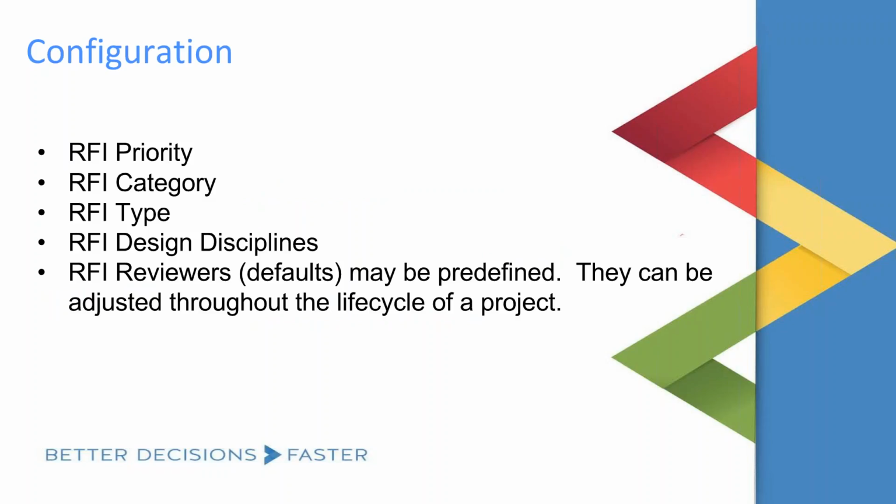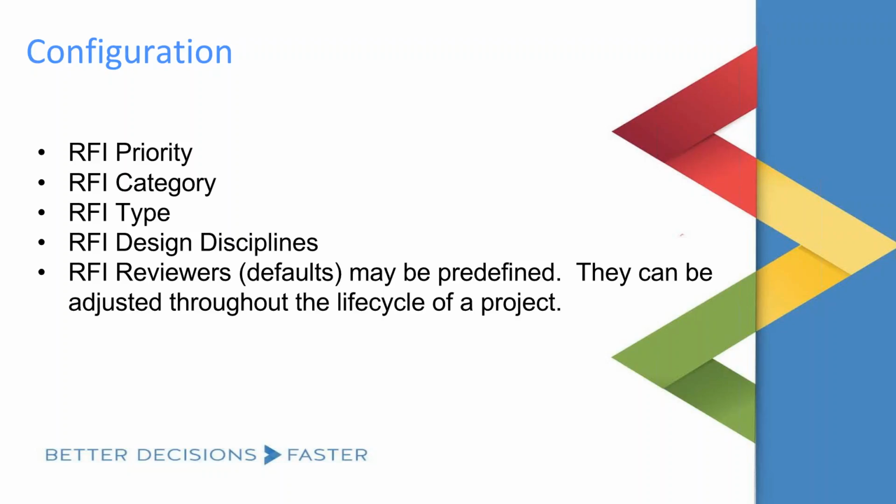So one of the first things that we have to do is configure the RFI module. What most people don't understand is on a new project, they'll start creating RFIs and they'll run into some issues because they haven't configured some of the parameters. So this is very important. I can't stress how important it is, really starting from the settings and moving forward into the RFI module.